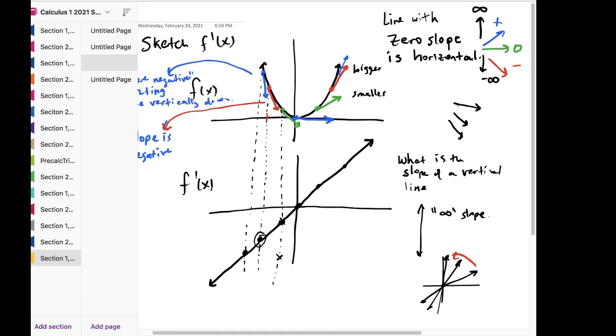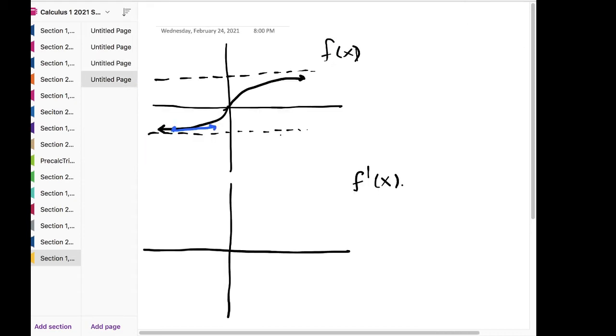So, okay, so let's go back to the picture. Maybe I'll draw that little picture here. So this is zero. This is negative. This is positive. So which one do you think this line is?